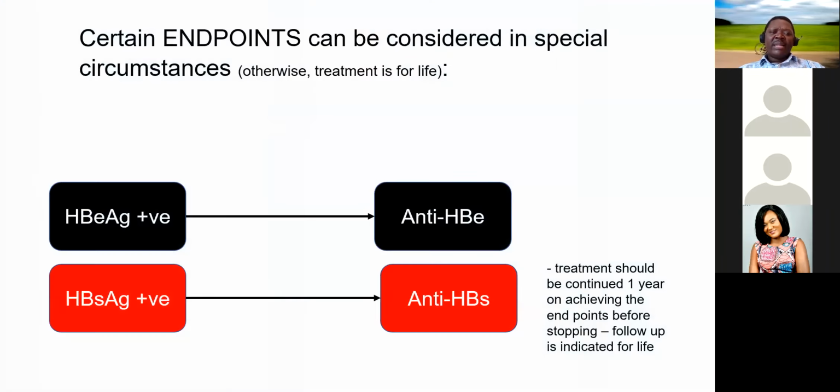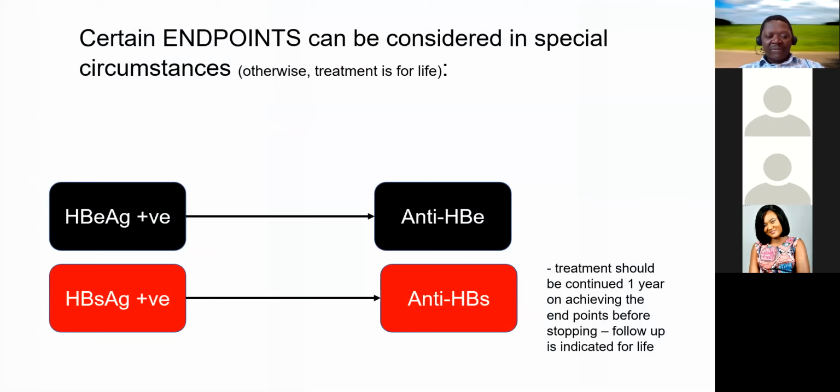Here, there are two scenarios. If someone had an E antigen at the beginning of treatment and they seroconvert to anti-HBe, then that is definitely a sign that they might be able to benefit from stopping treatment.